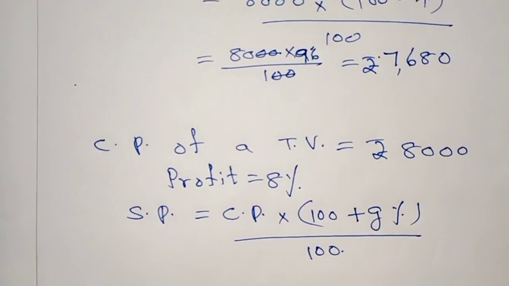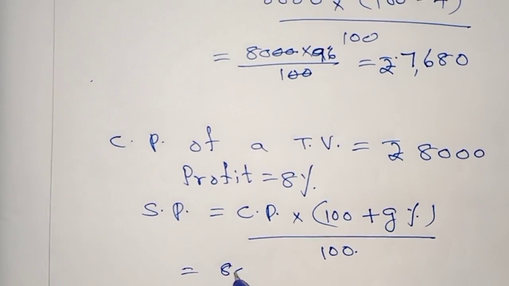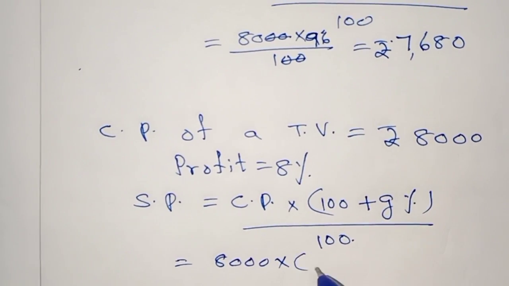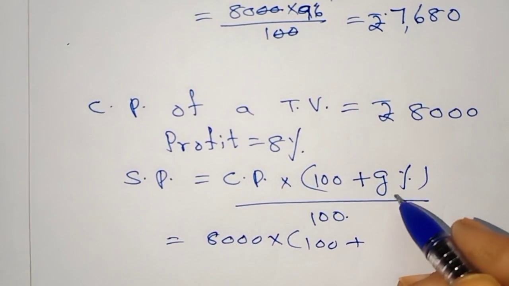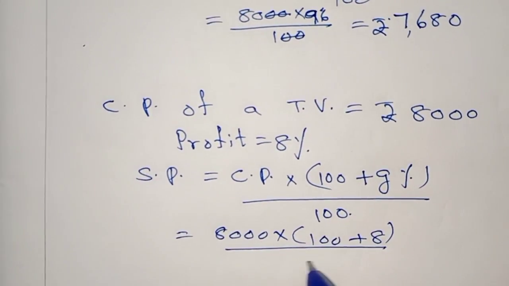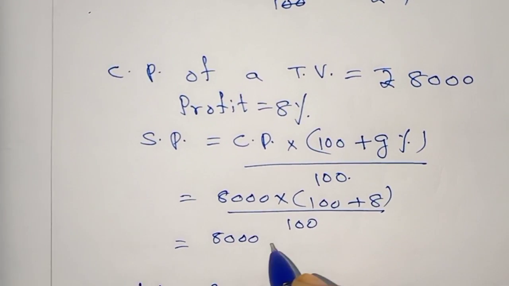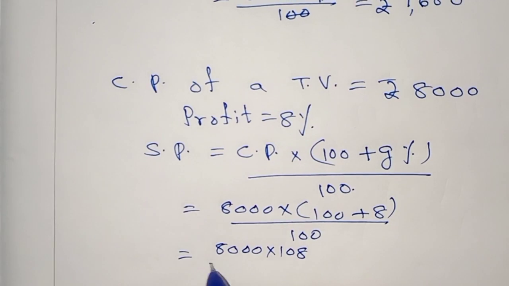So substitute the values. What is CP? 8,000 into 100 plus what is gain? Gain percent means profit percent. 8 by 100. So this is equal to 8,000 into 108 by 100.